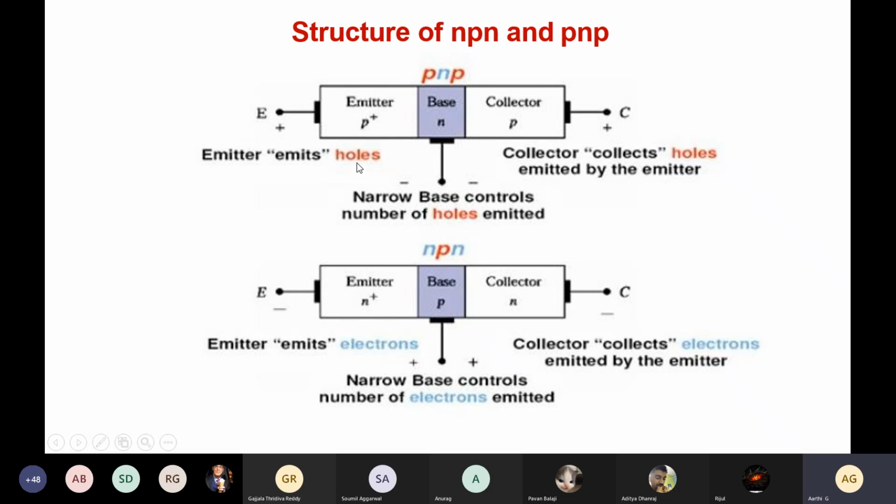The emitter will emit holes, and the collector will collect the holes emitted by the emitter, so the base will act as a channel. For the NPN type, the emitter is going to emit the majority carriers, which are electrons, and the collector will collect the electrons emitted by the emitter. This is just to differentiate both configurations, how each emits the majority carriers.